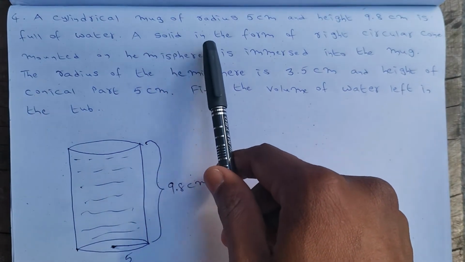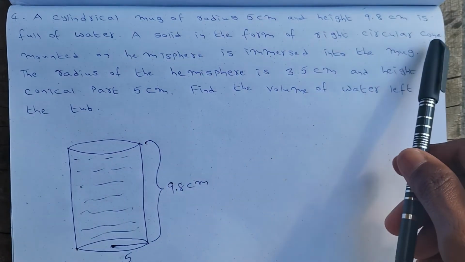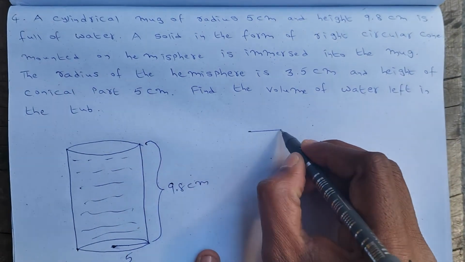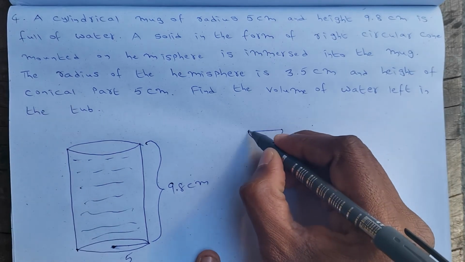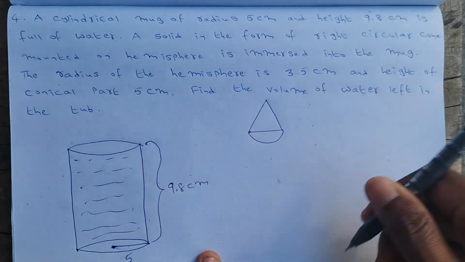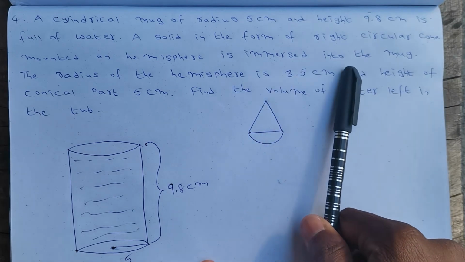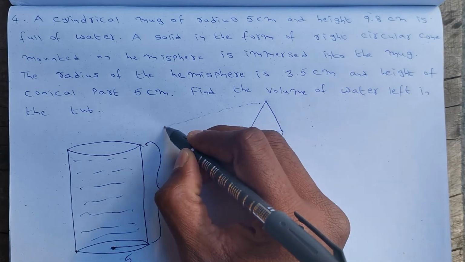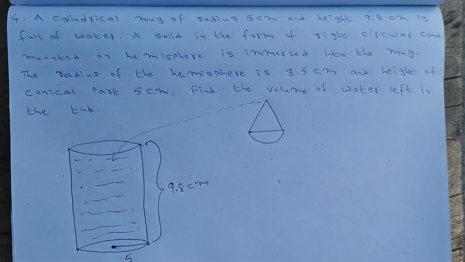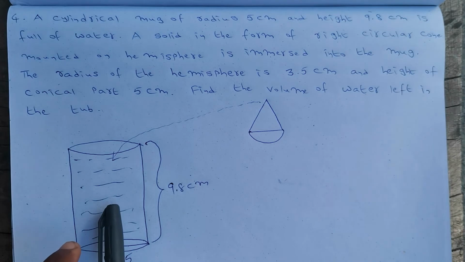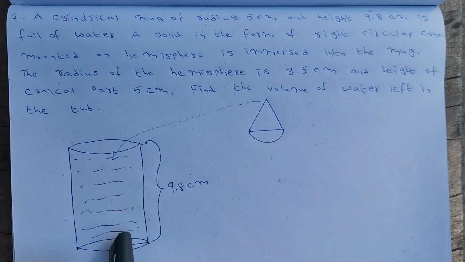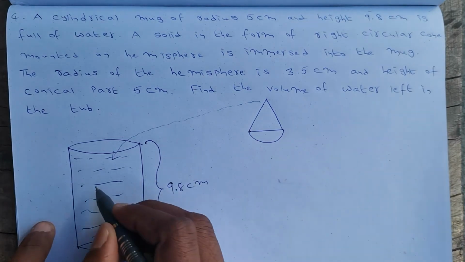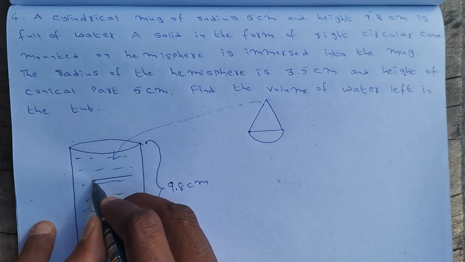Then a solid in the form of a right circular cone mounted on a hemisphere is immersed into the mug. We have one hemisphere, and upon that hemisphere, one conical shape is there. Now I am going to take this and dip it into this water tub. Already we have full water in this container which is cylindrical in shape.